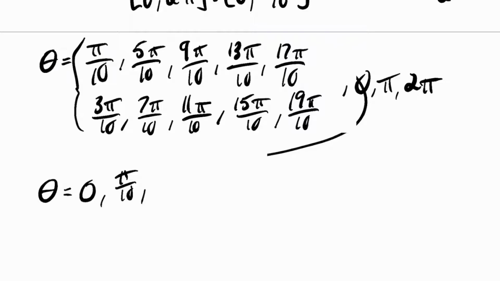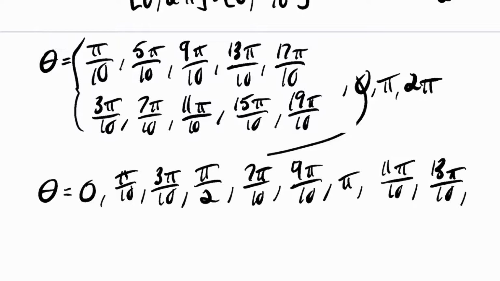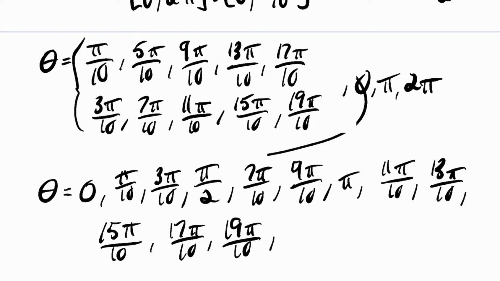So 0, pi over 10, 3 pi over 10, 5 pi over 10, which is pi over 2, 7 pi over 10, 9 pi over 10, pi, 11 pi over 10, 13 pi over 10, 15 pi over 10, 17 pi over 10, 19 pi over 10, and then 2 pi.